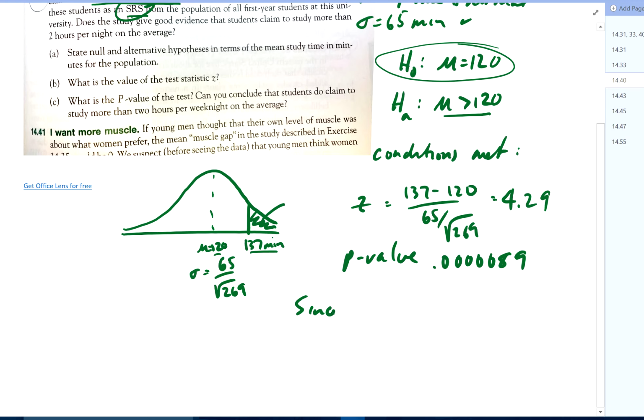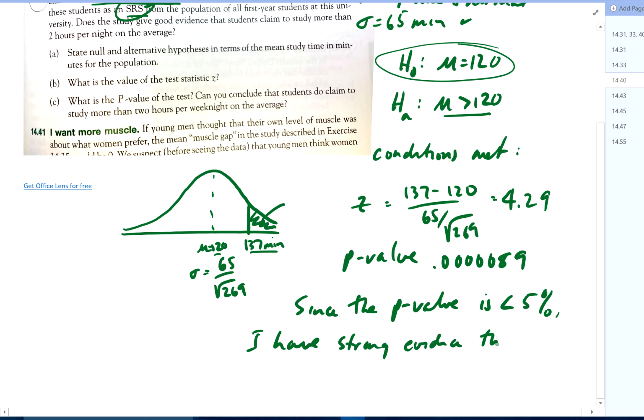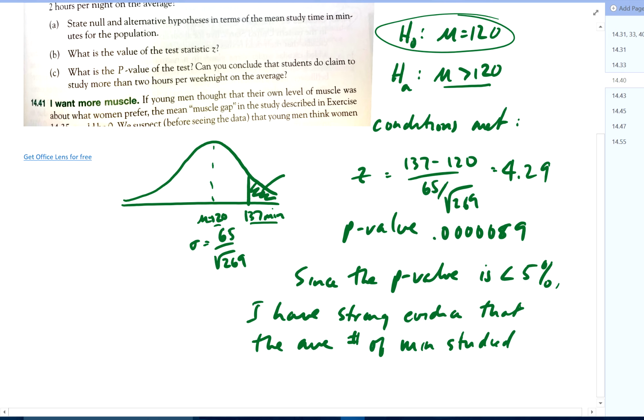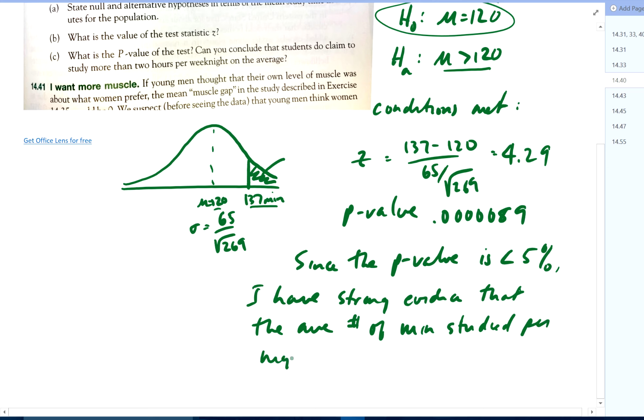And so I can say, since the p-value is less than 5%, my cutoff for considering something extreme, I have strong evidence that the average number of minutes studied per night is greater than 120. I don't know what it is, but I have evidence that it's greater than 120. I'm not proving it, I just say I have evidence for it. If I want to know specifically what it is, then I would do a confidence interval. All right, there you have it.